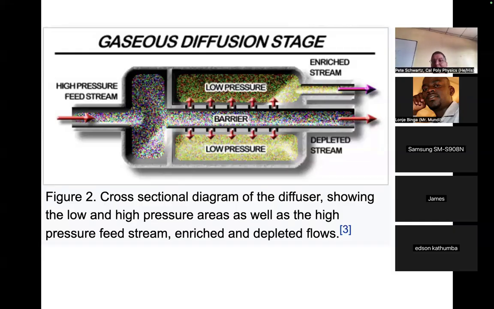Now, the ones that are moving faster, 0.5% faster, are going to hit the holes at a higher frequency, and so they will preferentially diffuse through these holes. Now, both of them diffuse, right? But these go through a little bit faster. And so when you come out, this gas has a little bit more U-238, and this gas has a little bit more 235.